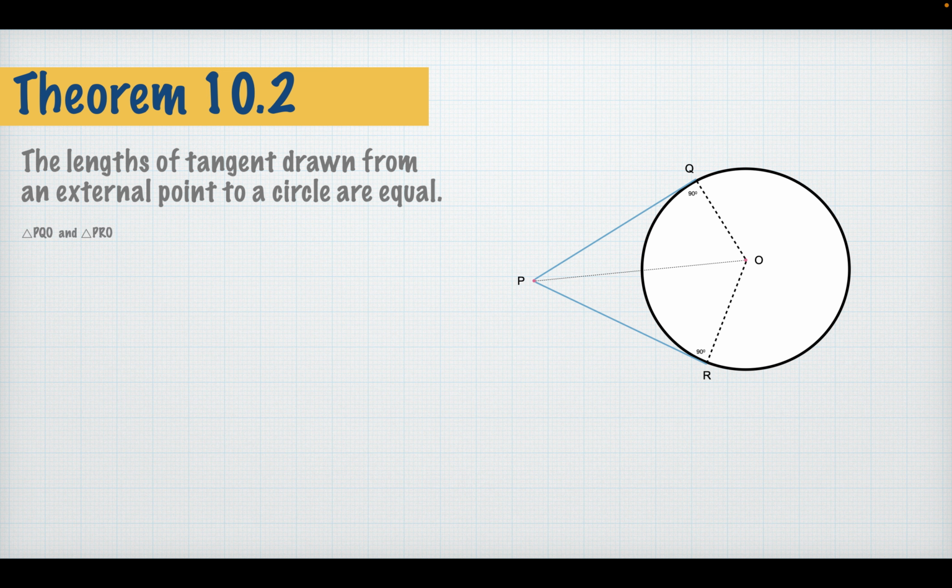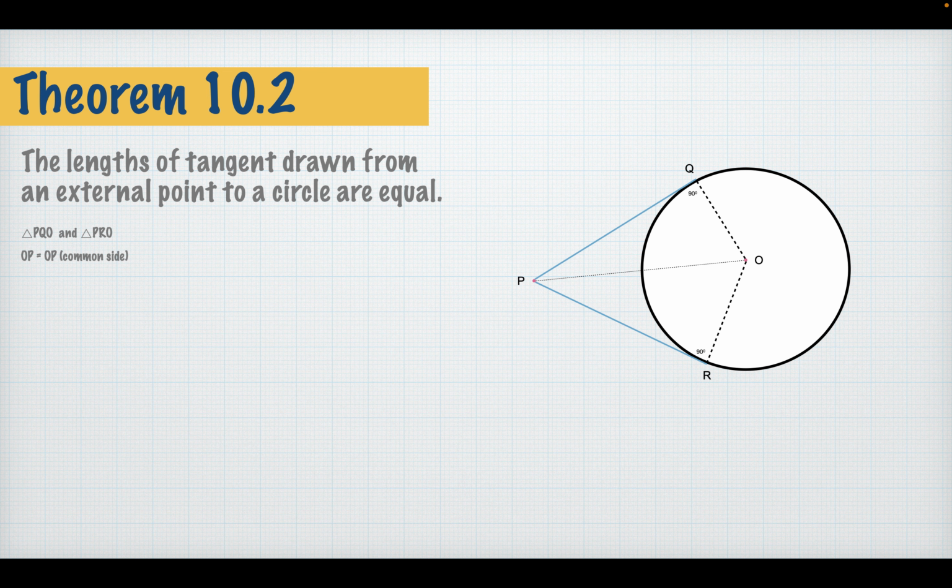So let's take the triangle PQO and triangle PRO. Now let's see what's special about these triangles. Now you know that OP is the common side in both the triangles, and if you look at it, it is going to be the hypotenuse here. Why? Because it is the side against the right angle, or this is the side that is facing the right angle.